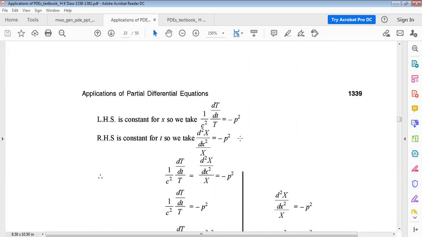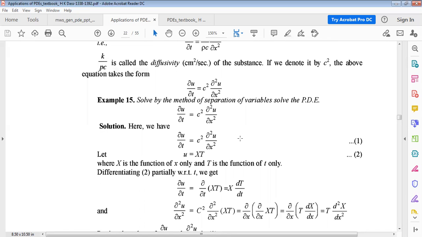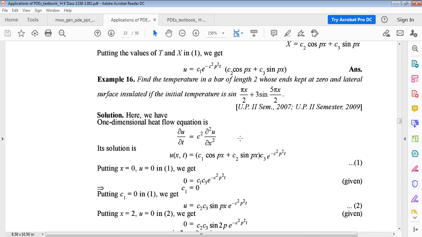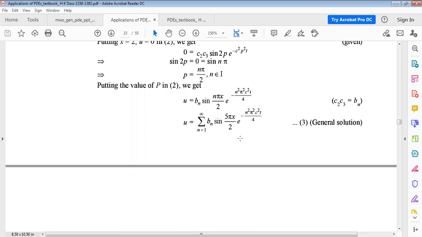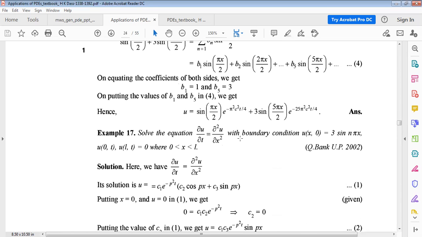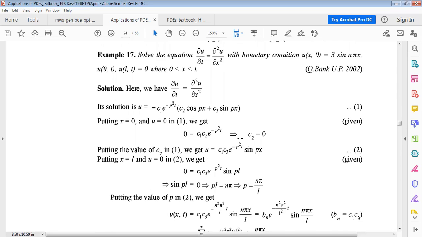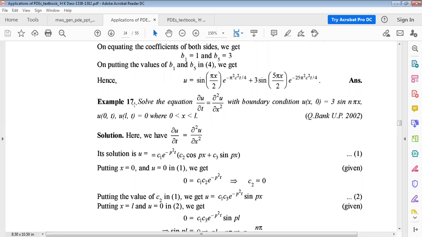Examples 15 and 16 are the most important; questions related to 15 and 16. Note down please: 17 will be homework for you for the heat equation.